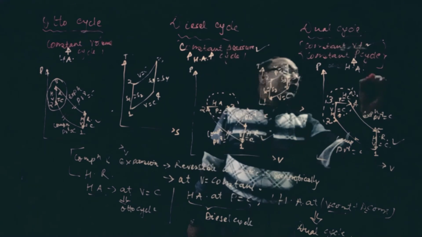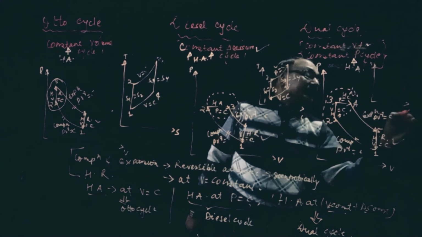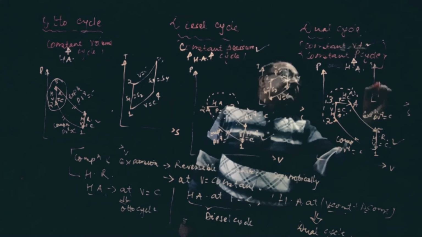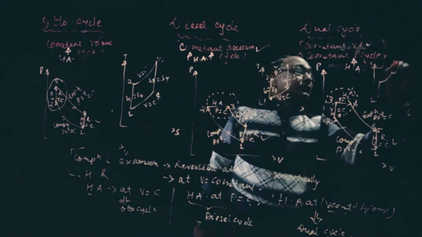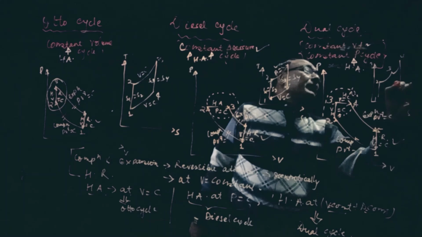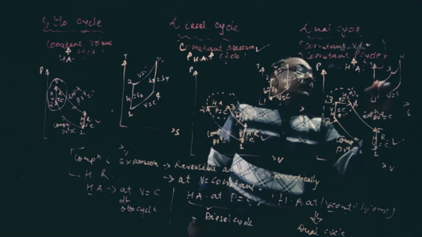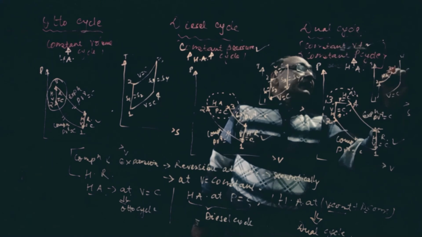Now going for the dual cycle TS diagram, 1 to 2 is compression, it is like this, and heat addition takes place in 2 processes, 2 to 3 and 3 to 4. Expansion will take place like this, and finally this one is constant volume rejection.